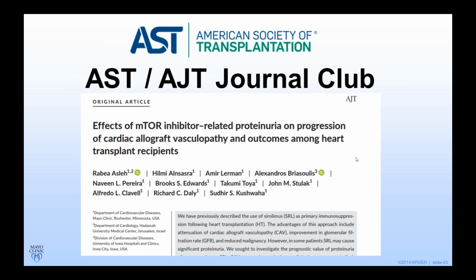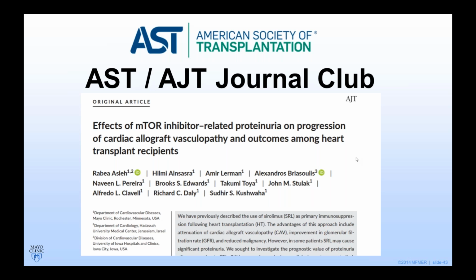Now, when the proteinuria gets into a nephrotic range, that's when there are problems, and that's when typically we'll get input from our renal colleagues, who will sometimes recommend switching back to a CNI.